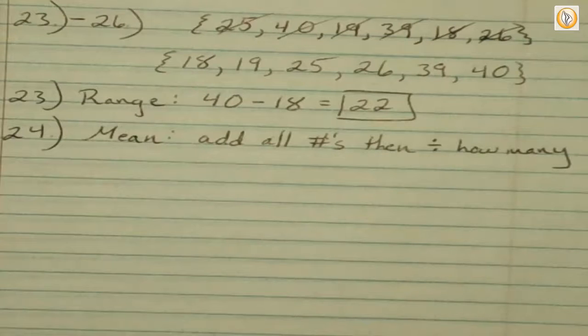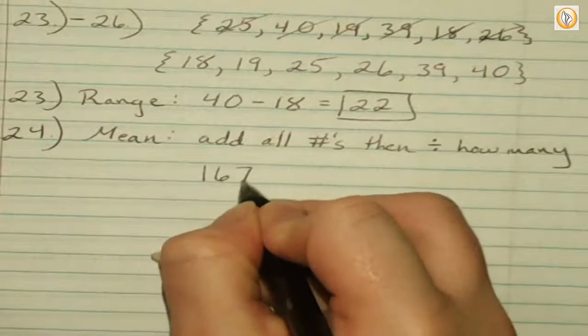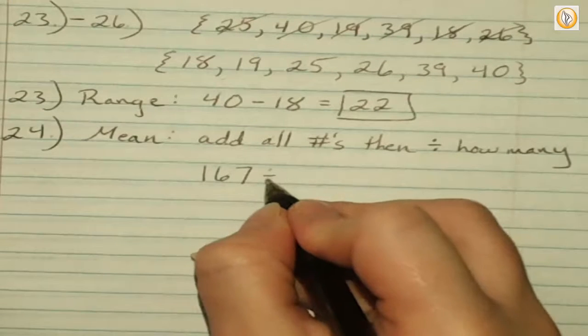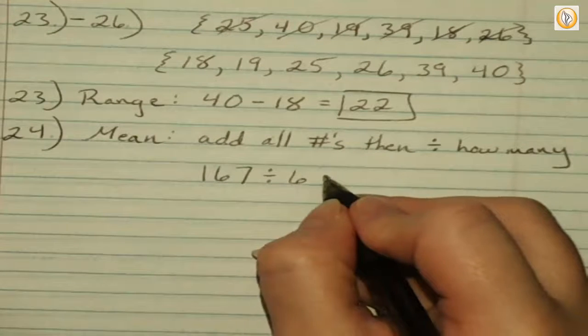I did not get something. Oh wait, no, 167. Okay. And how many total numbers are there? 6. So 167 divided by 6.